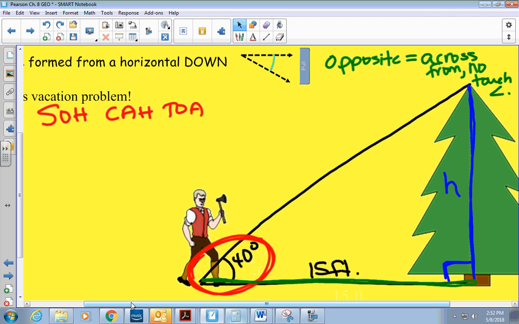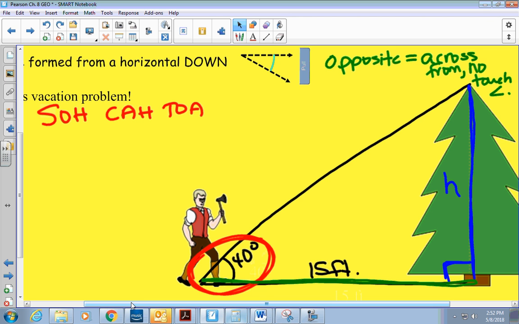It doesn't touch the angle. Put your finger on this line. Now, does this line at all touch the 40-degree angle? Put your finger on it. Yes. So is it opposite our angle? No.